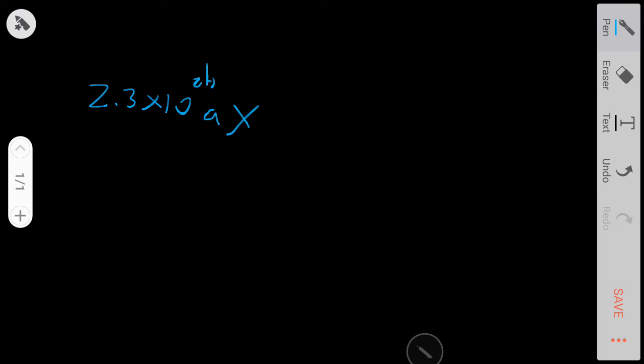I want to end up with grams, but according to my chart, I have to start with atoms or molecules and first go to moles. So in order to get moles on top, I have to cancel out atoms. If atoms is up here, I then have to put atoms down here.